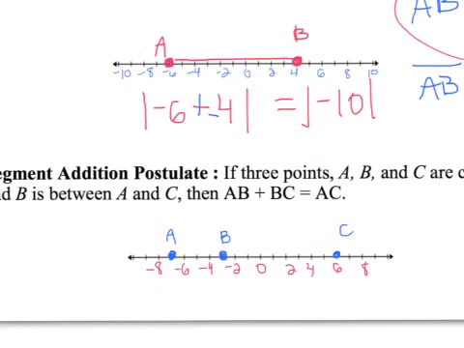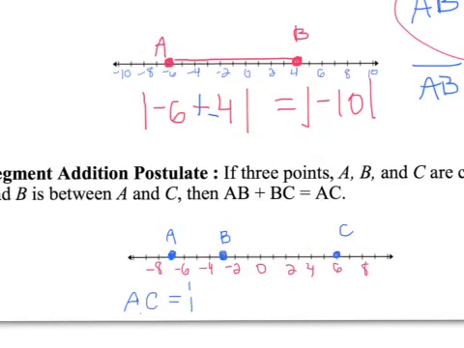So if we follow the segment addition postulate, it should be true that the length of AB plus the length of BC equals the length of the whole thing, the length of AC. So let's see if that's true. First, let's find out what the length of AC is, so the whole length.